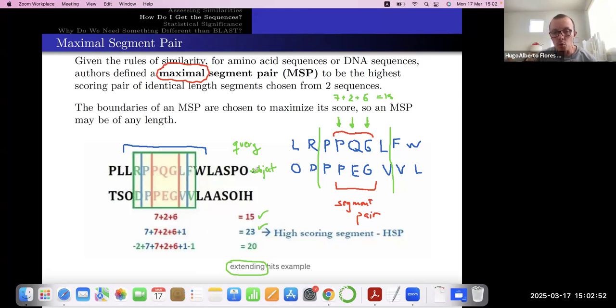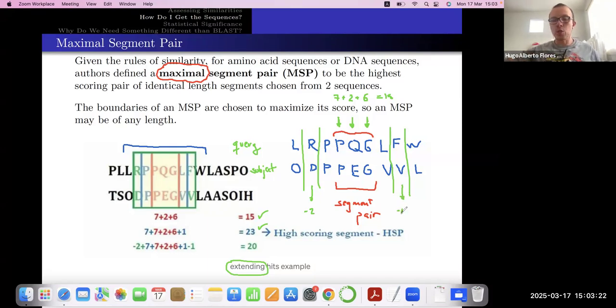After that, you would like to continue doing the same. If you extend one position more to the left and one position more to the right, this is the moment that the score starts decreasing. If you get the R and the D, what happened? This is a combination that produces a negative value. The same for F and V, which produces a negative value also.